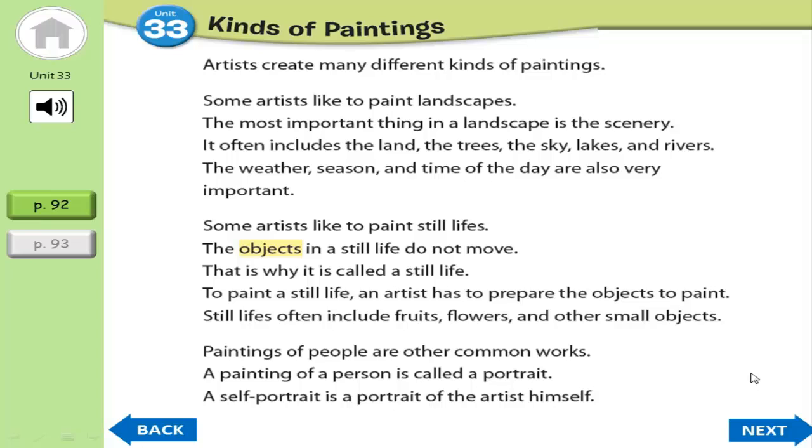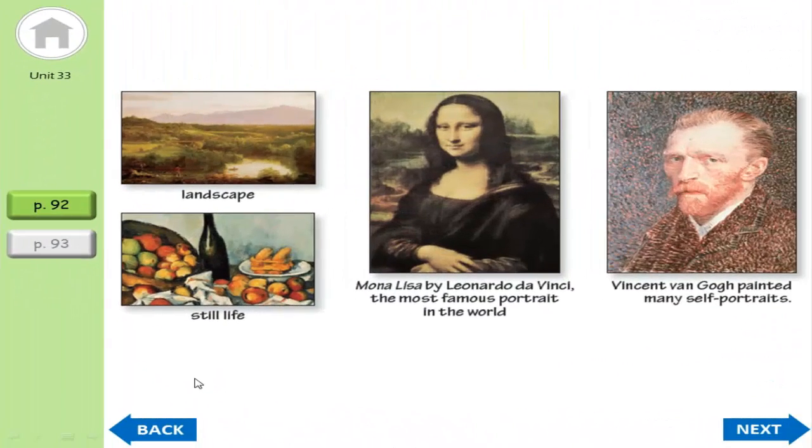Now, after you read all the sentences, let's continue to look at the pictures together. On this page, we can see 4 pictures that talk about paintings. We can see the picture that paints a landscape, the picture that paints a still life, and the picture that paints a person.